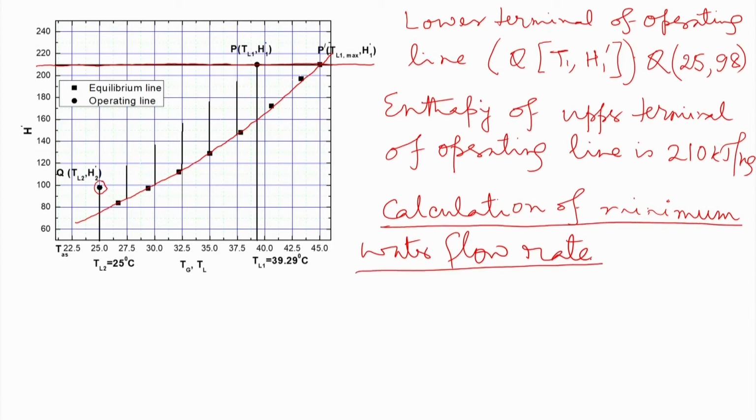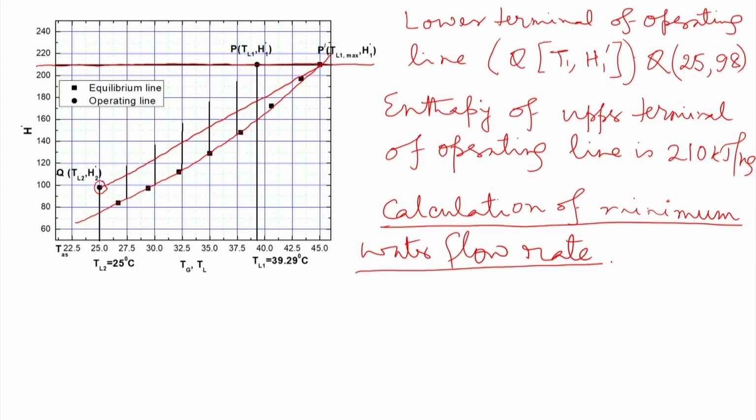For that, we need to find the pinch point, as we did for the humidification column, where from the lower terminal we drew the tangent to the equilibrium line. Here also we will draw a straight line to the pinch point, where it touches the 210 kilojoule per kg, the enthalpy of the exit air.